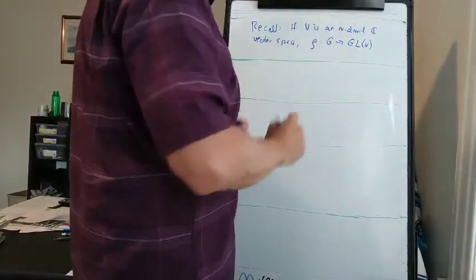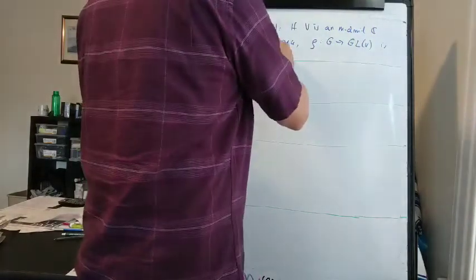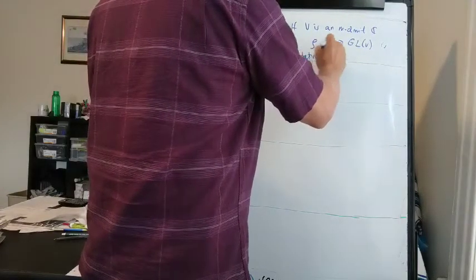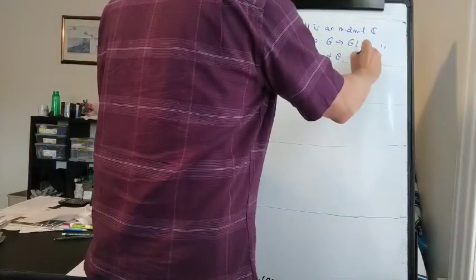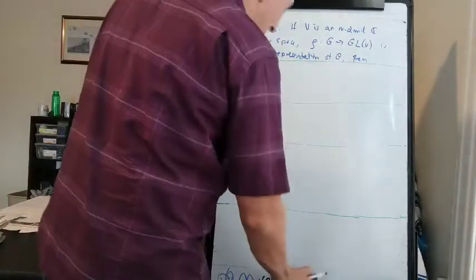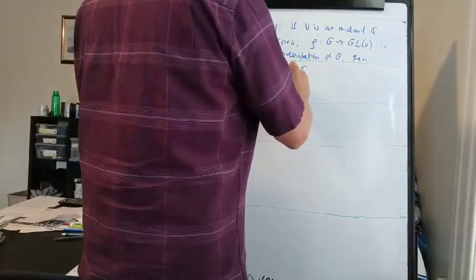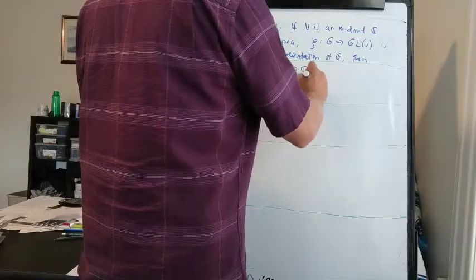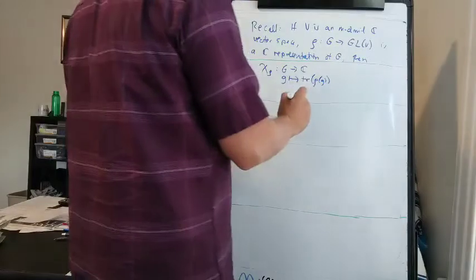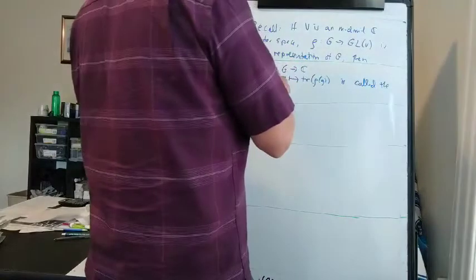Let's let that be a complex representation of G. Then we define the function chi rho from G to the complex numbers, taking an element g to the trace of rho of g. This is called the character of rho.